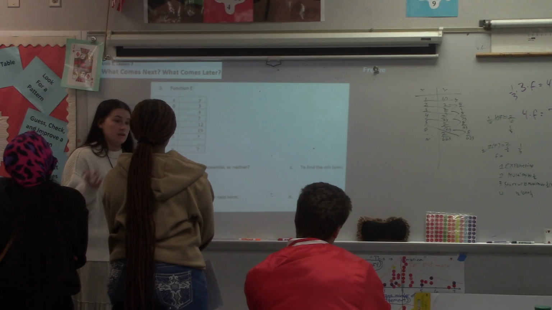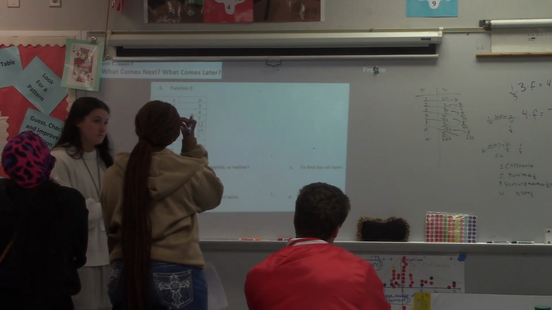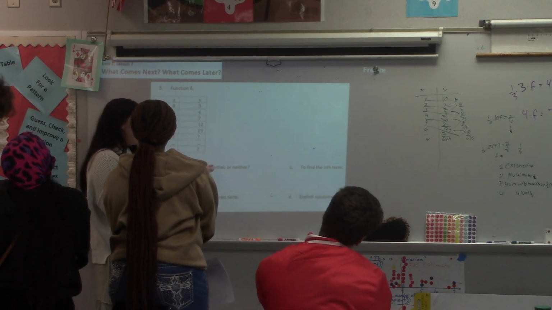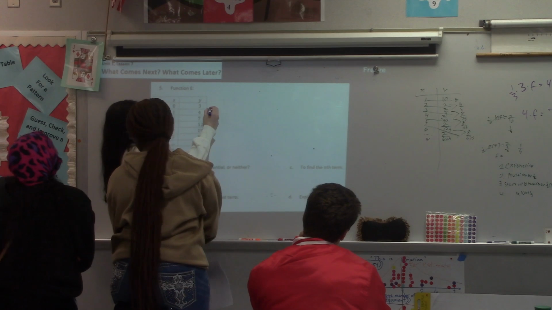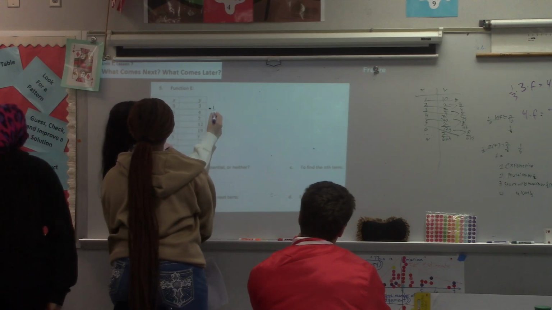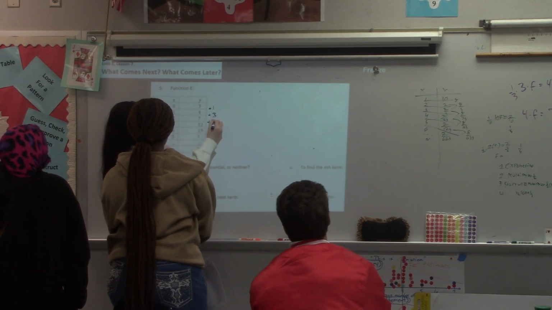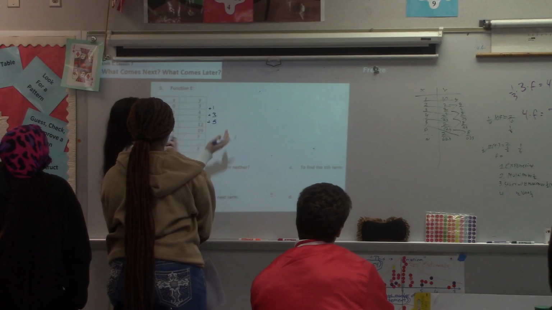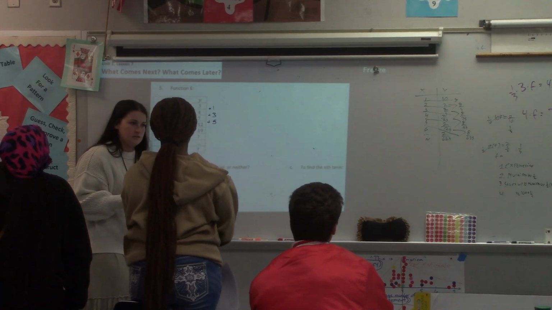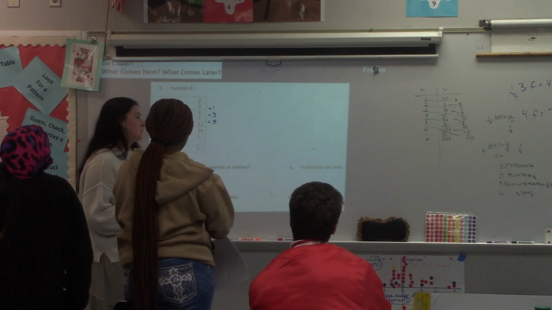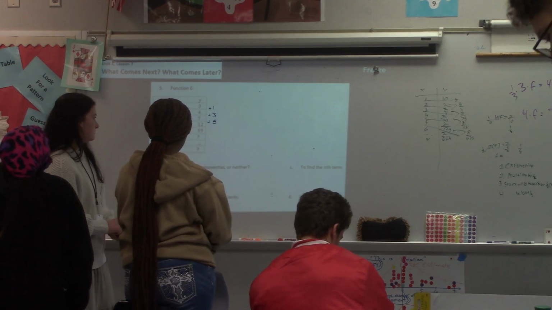That matches with parabolas. It was good to recognize that. Were we adding the same thing each time? No. What was this, 5? And then was there a constant factor? No. So it can't be linear or exponential, it's gotta be something else. So we could not do anything else here. Perfect.